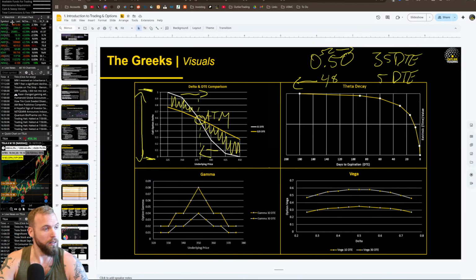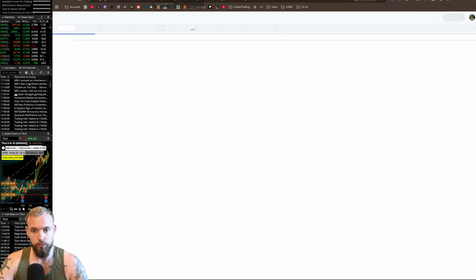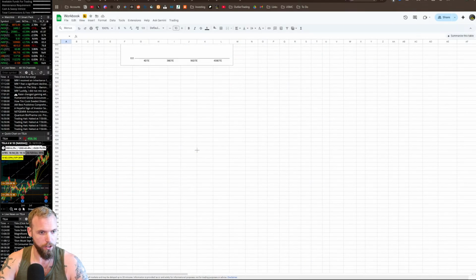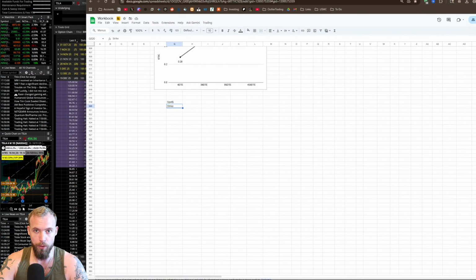Real-time data, and we'll plot it so that it's easy to see. First things first, we've got to find a section in here. This works great. So what I'm going to do is pick a spot price, and I'm going to pick a strike price. The strike price is going to be the same, but we're going to have different deltas across expirations, which you'll see.